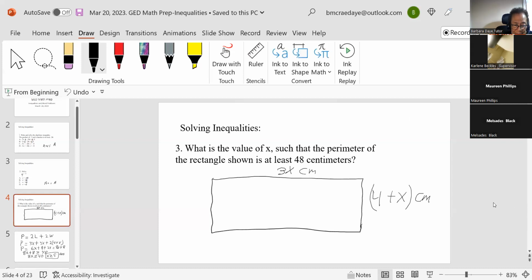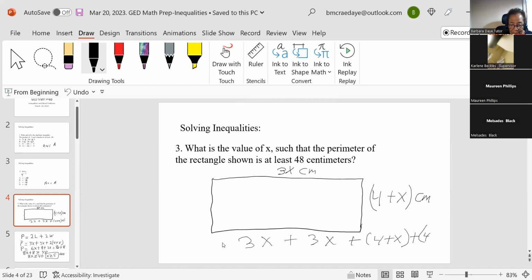If you add the 4 sides, it would look like this. You'd have 3x plus 3x, that's 6x, plus 4 plus x, that's 6x and 4 is 10, and plus 4 plus x.